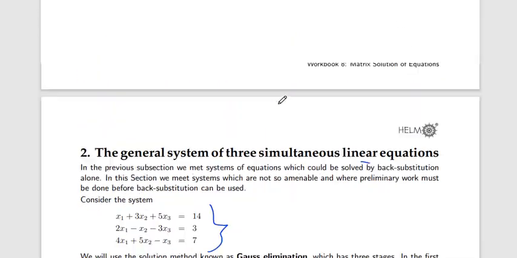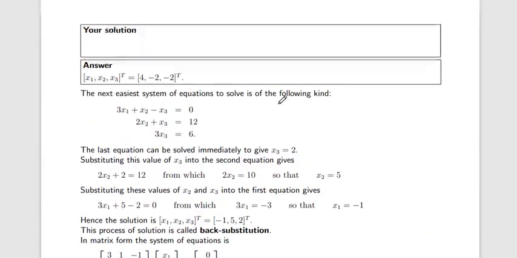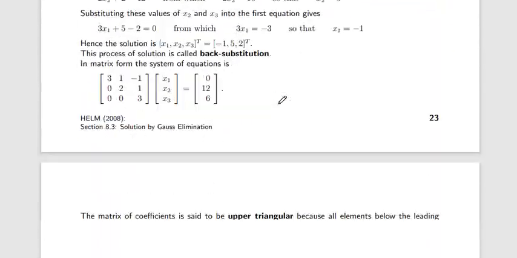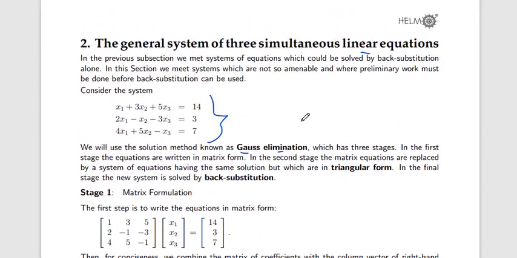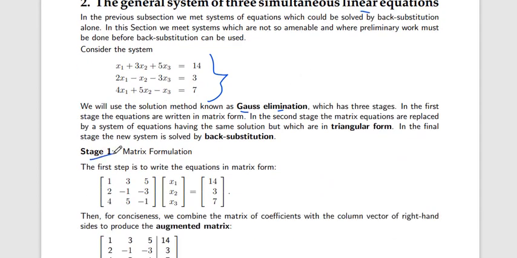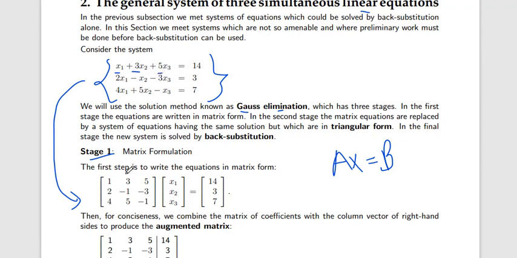There are three stages we talked about in how to solve linear equations through matrices. The first stage is to transform the linear equation into matrix form, AX equals B: the coefficients of x1, x2 and x3, equal to the column matrix 4, 3 and 7.